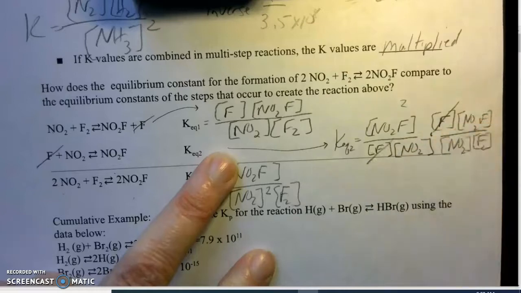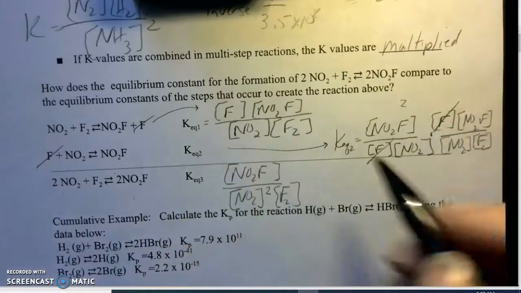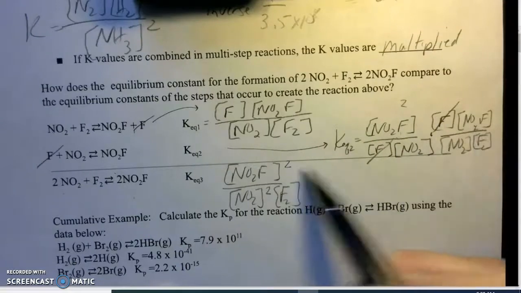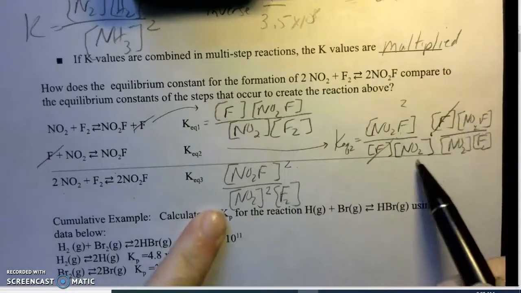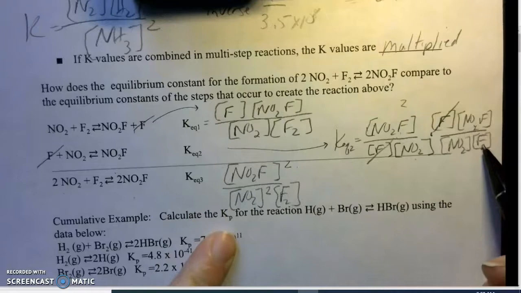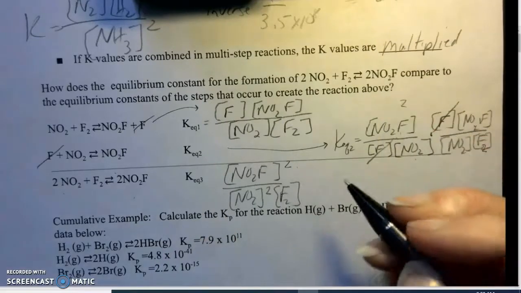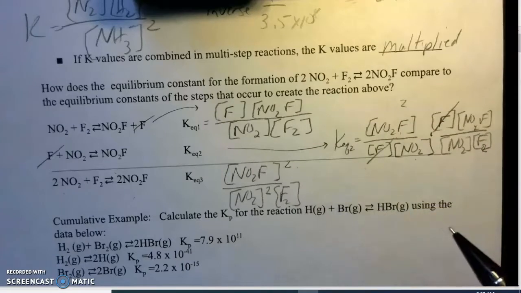So this cancels. I missed the squared on that one. You'll have NO2F squared. So you have this times this, and you'll have NO2 squared and F2. So you really multiply the equilibrium constants.